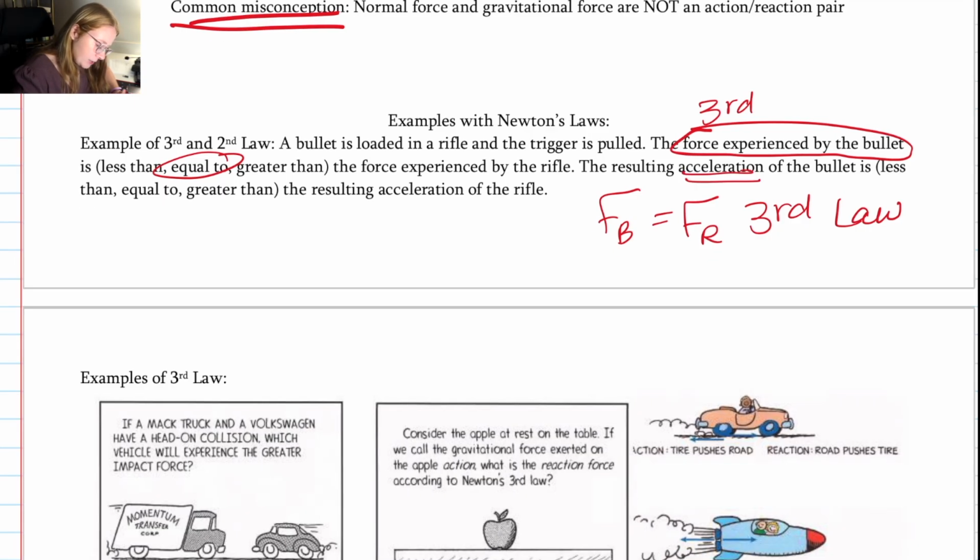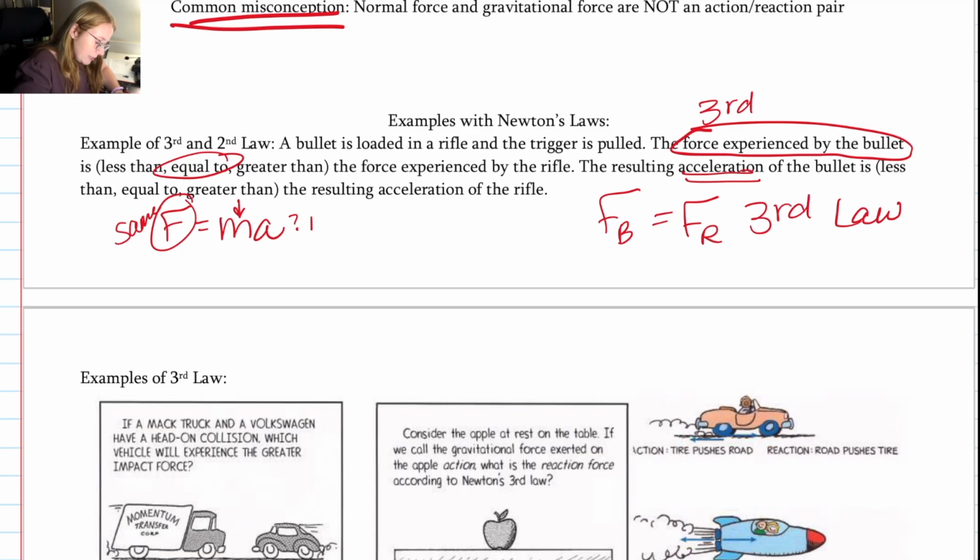Okay, so if we're talking about acceleration, let's look at the formula so we can see how everything relates. I'm keeping the force the same because the rifle and the bullet experience the same force, and we just proved that with Newton's third law. But it says the resulting acceleration of the bullet. So let's think about the bullet. For the bullet, the mass is smaller, and so what would we experience with our acceleration?